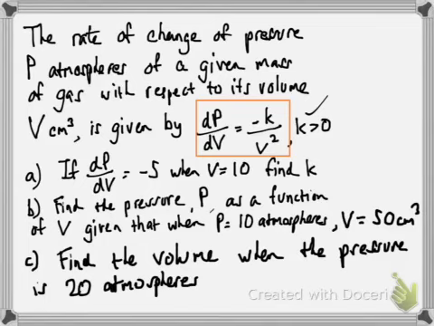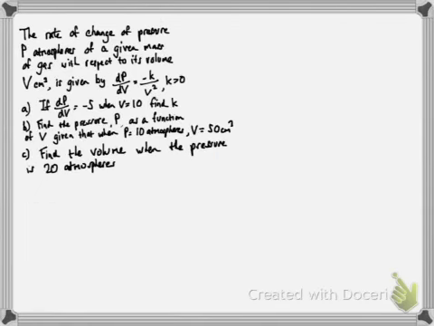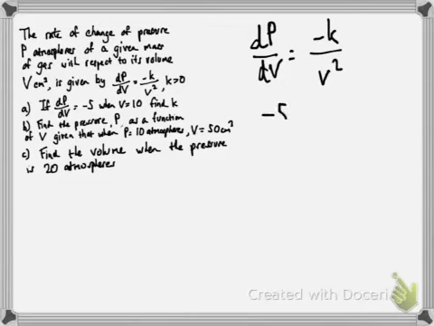So let's just focus on that first question. We know that dP/dV equals negative K on V squared, and we're told that dP/dV equals -5 when V equals 10.